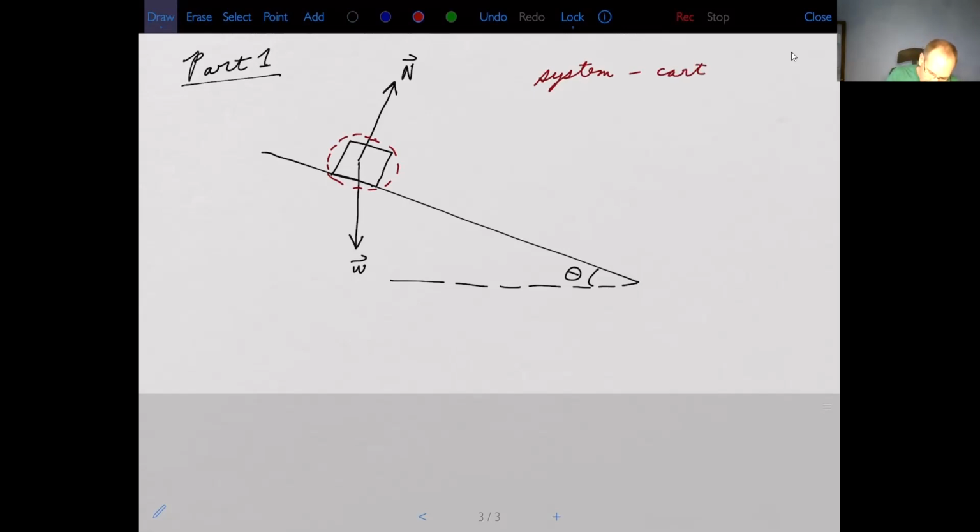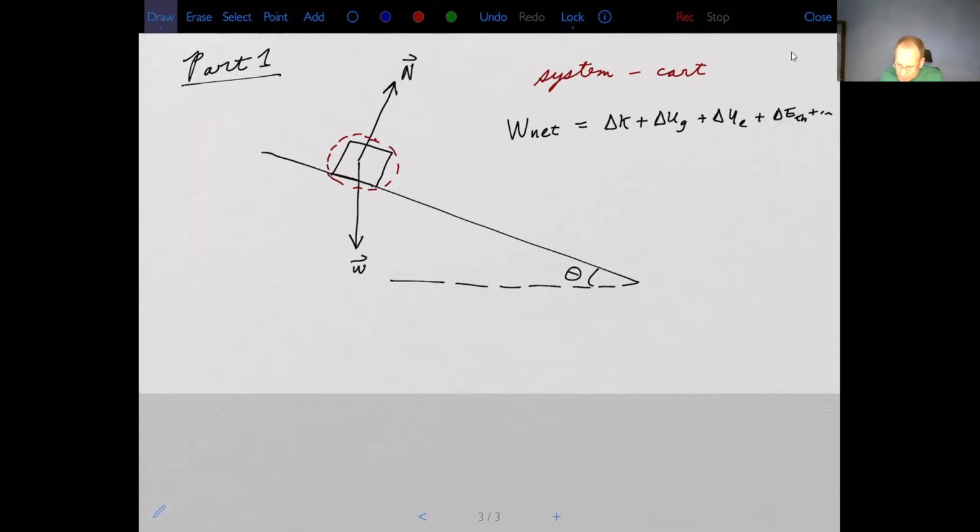So if we go to that equation for the net work done, remember the net work done is equal to the change in kinetic energy plus the change in gravitational potential plus the change in elastic potential plus the change in thermal, etc. Well, it turns out if our system just consists of the cart, then since it doesn't consist of the Earth, there's no change in potential energy.